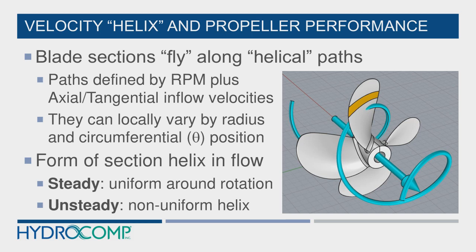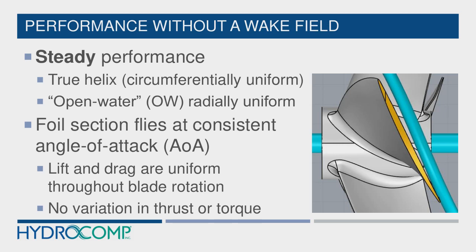That's kind of a fictional performance, but it's an absolutely necessary approach, given the computational complexity of full wake field calculations. We always do design based on steady calculations, and we can do an awful lot of the heavy lifting of propeller performance using steady calculations. Unsteady performance is in the non-uniformity of the helix, the variation in the wake field itself. So we'll touch on both of those things here.